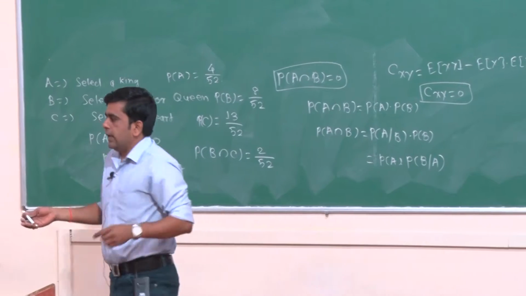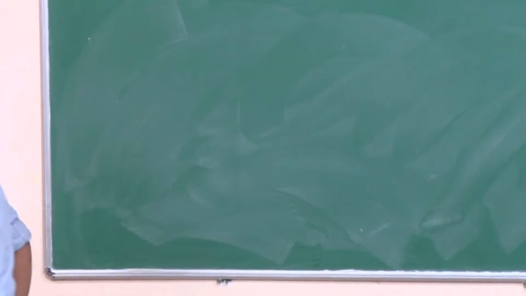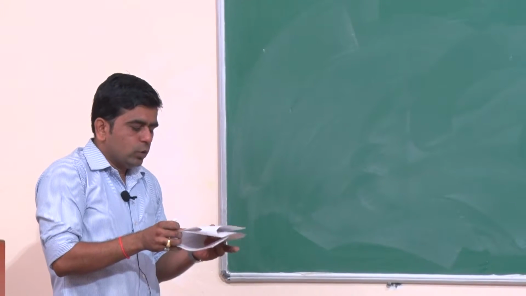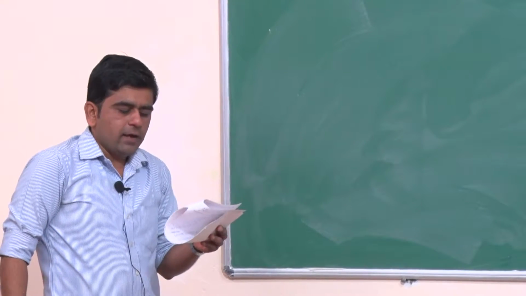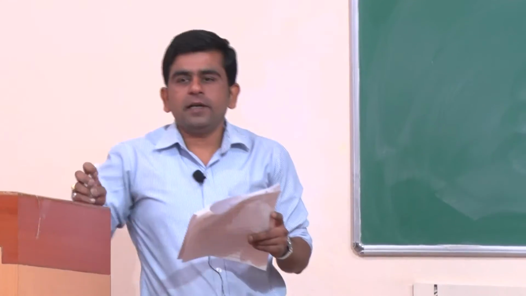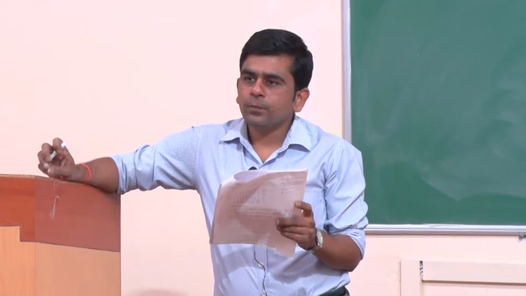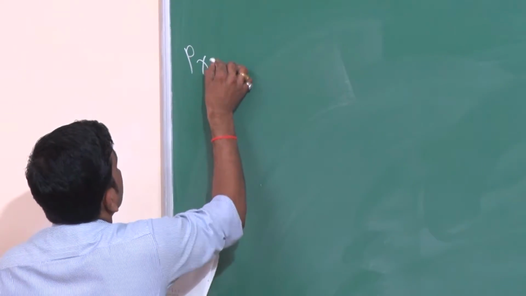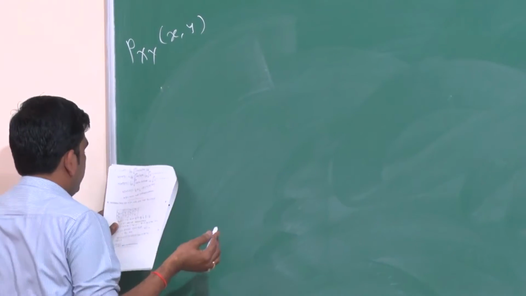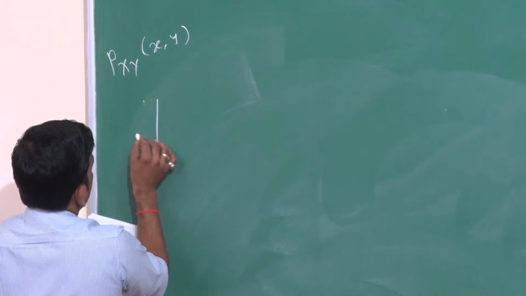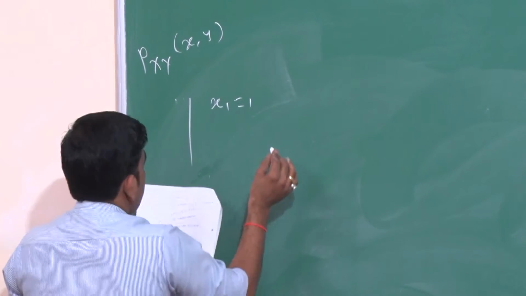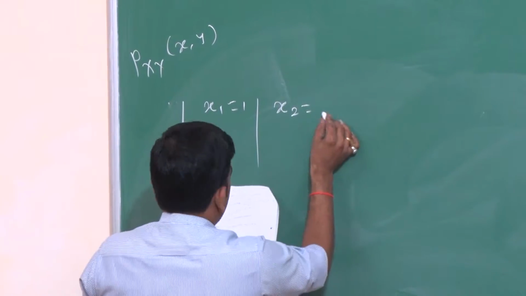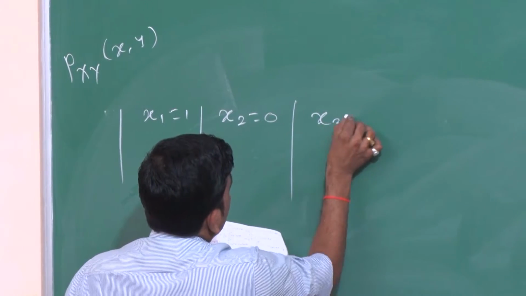Write down one example regarding this one. Two random variables x and y. Consider two random variables x and y with joint probability mass function, that is capital PMF, probability mass function capital PMF, which is given as P of xy, or x comma y, which is given as x1 is equal to 1, x2 is equal to 0 and x3 is equal to 1.